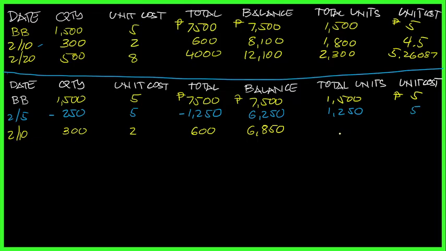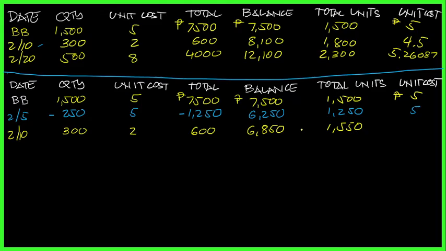So, how many units do we have? We had 1,250 units earlier, and then we purchased 300, you now have 1,550. Okay, so what is now the cost?